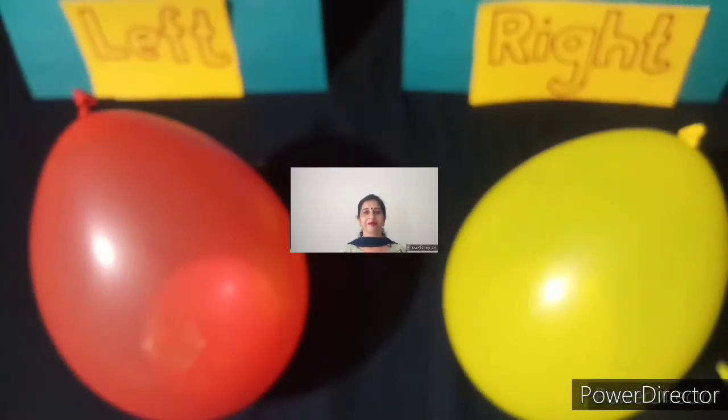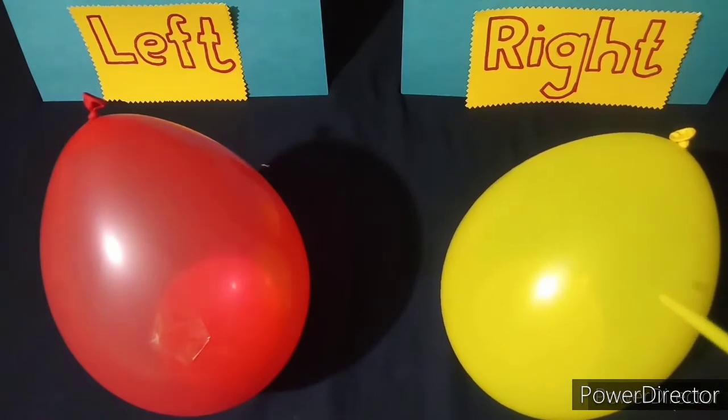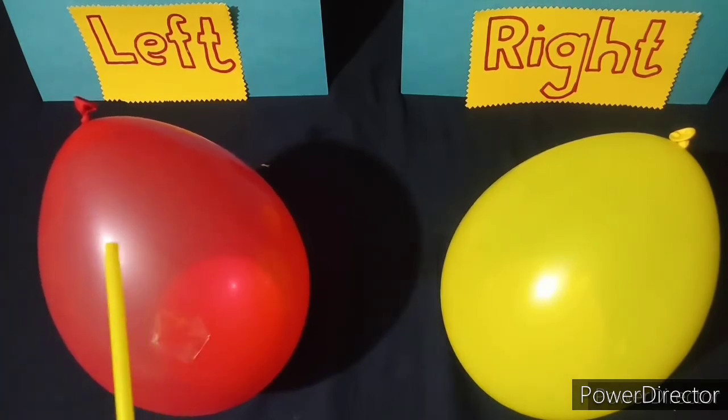Now, let's understand this concept with the help of some objects. Here is a yellow balloon on the right side, and a red balloon on the left side.